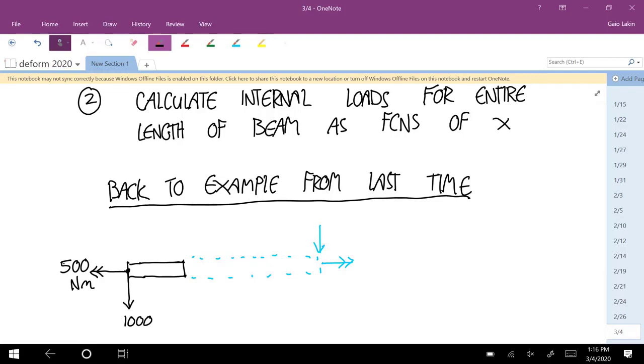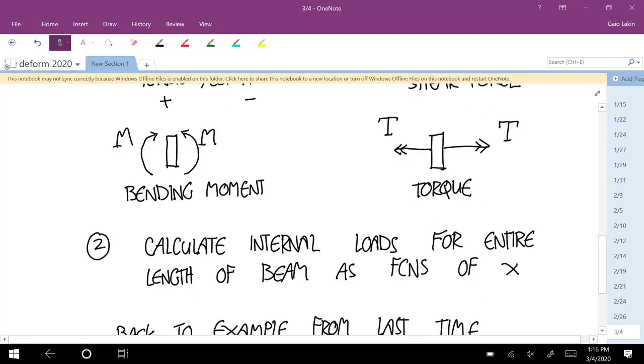Okay, and now what we did before was we called it a force vector, and we called it a couple component in this direction and in this direction. Now I'm going to use the sign convention that I just gave you.